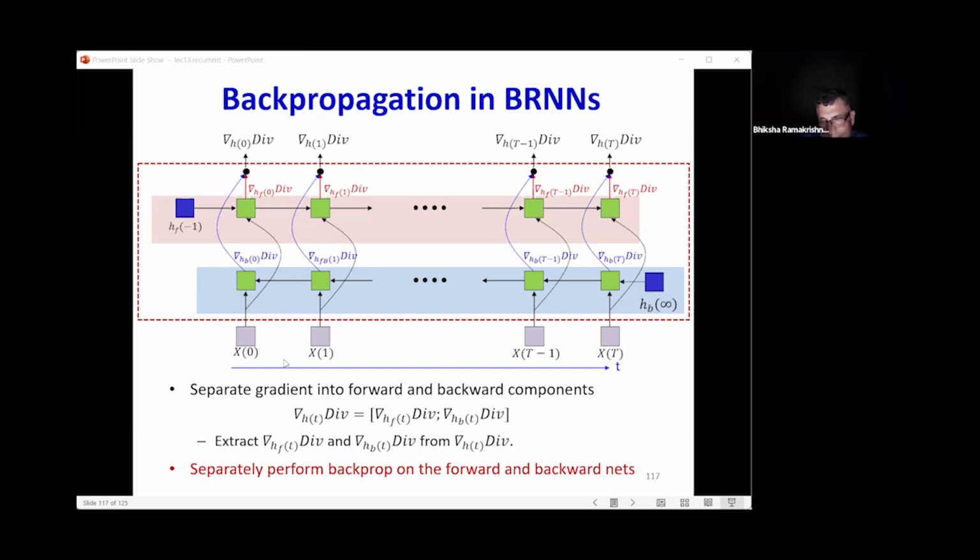Is this making sense? Okay, no, so consider this. How did we combine the forward and backward block outputs? So let's say this produced a three-dimensional output, and this produced a three-dimensional output. The output of the layer would have 6 dimensions, right?